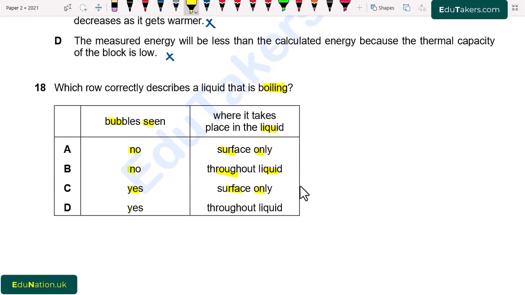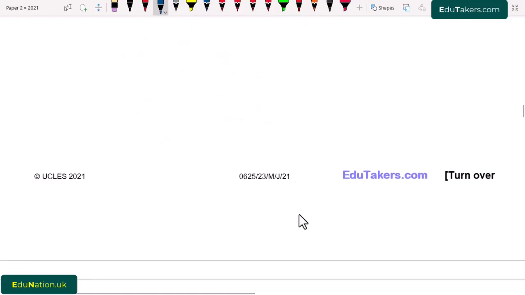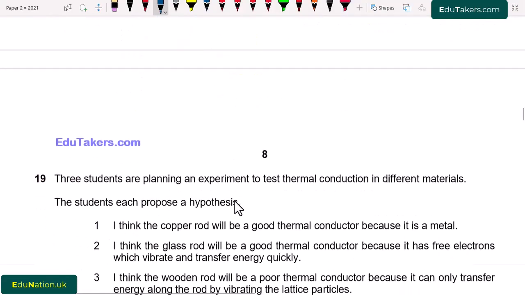C, bubbles seen and only on the surface. D, bubbles are seen throughout the liquid. From here, option D is correct because the bubbles are seen. Boiling of the liquid occurs throughout the liquid. So from here, option D is correct.